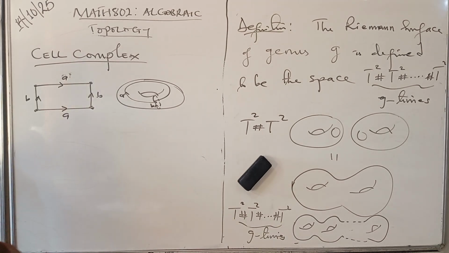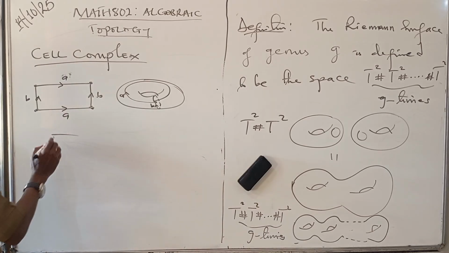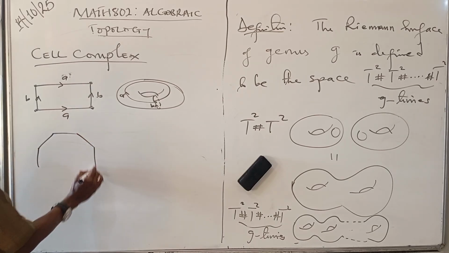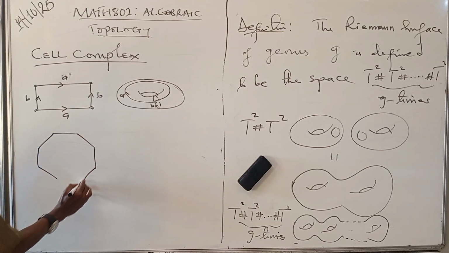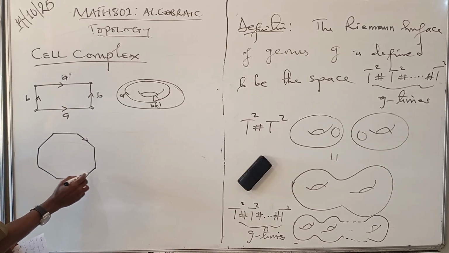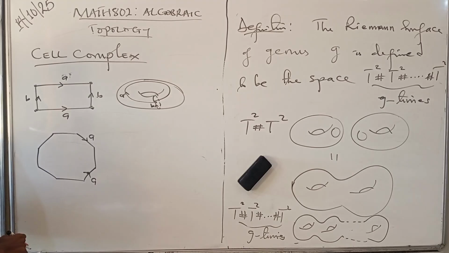You can start by looking at an octagon. How many sides? 8, the octagon. And then you can now identify the edges, the vertices or the edges. So this edge can be identified with this edge.